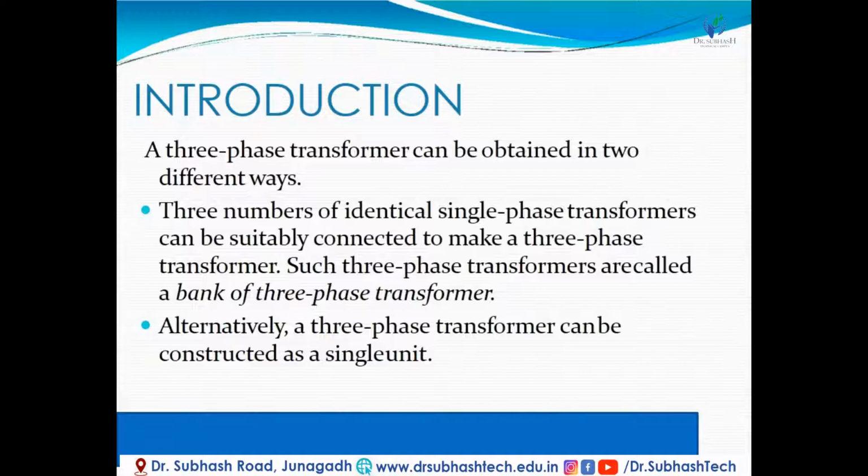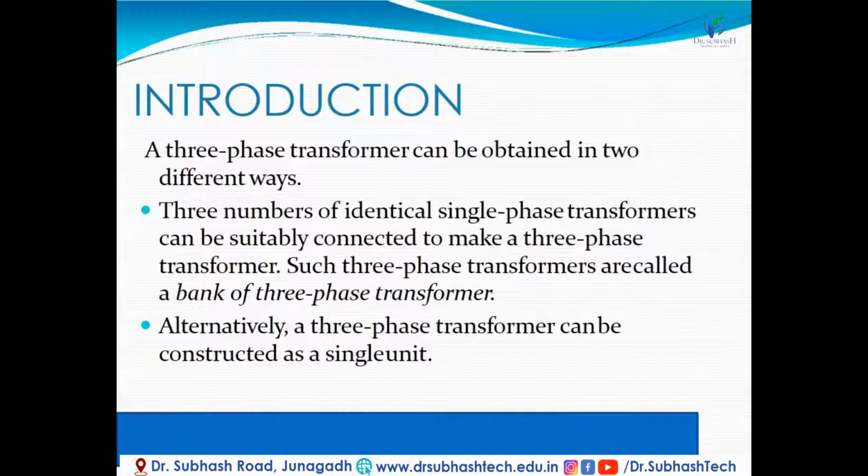The electrical power is generally generated in the form of three-phase voltage. The distribution of electrical power is also in three-phase. The voltage generation takes place at a very high level, typically at 33 kV or 22 kV or even higher.